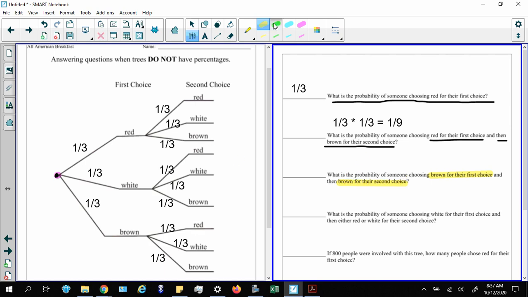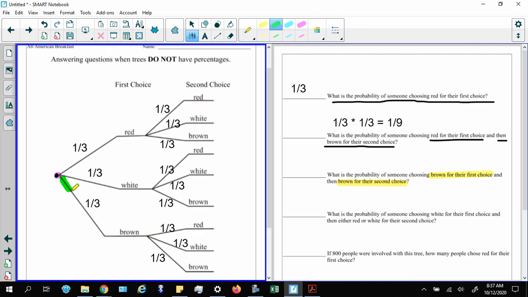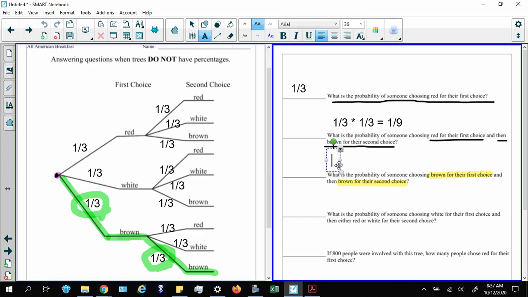For brown as the first choice, we use the brown branch here, which is 1/3, and then brown again right here. So we used two branches, just like the last one, so 1 out of 3 times 1 out of 3, and your answer is 1 out of 9.